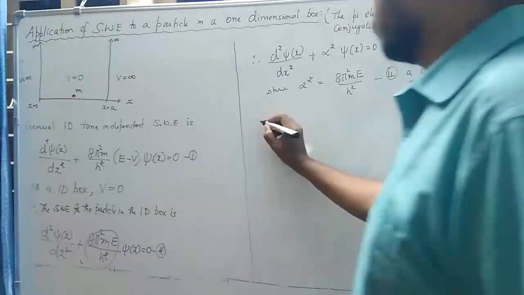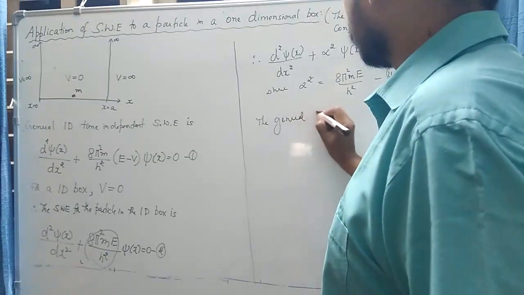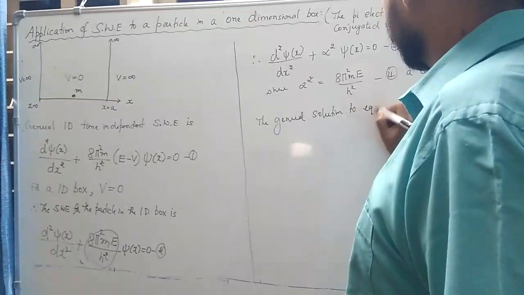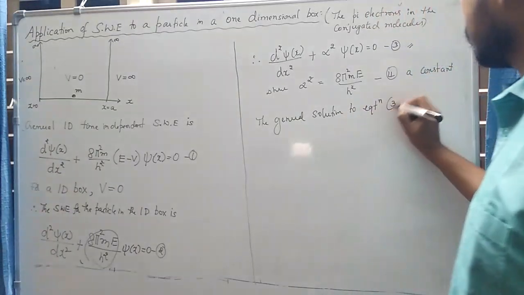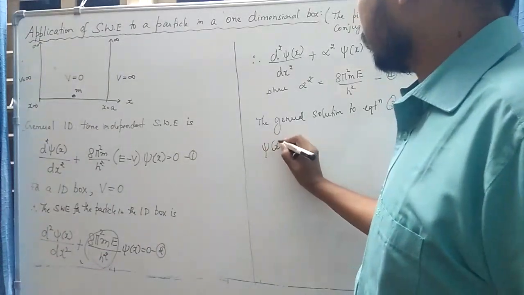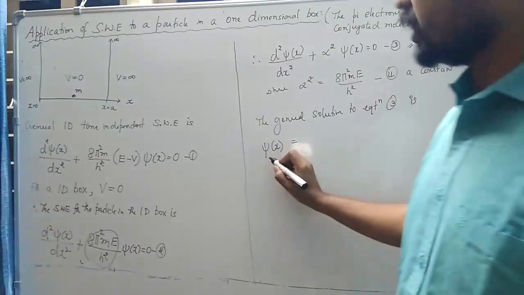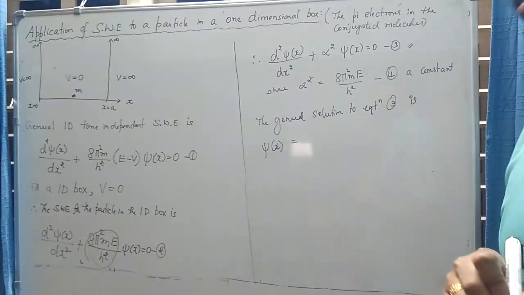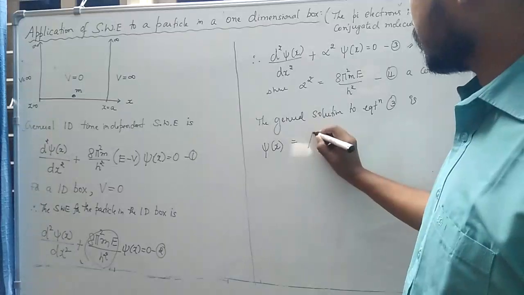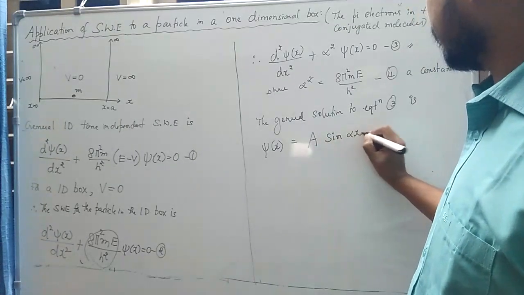So the general solution to equation 3 is psi of x. If I solve differential equation 3, we should get an expression for the wave function psi of x, and the general way of writing the solution is a into sine alpha x.